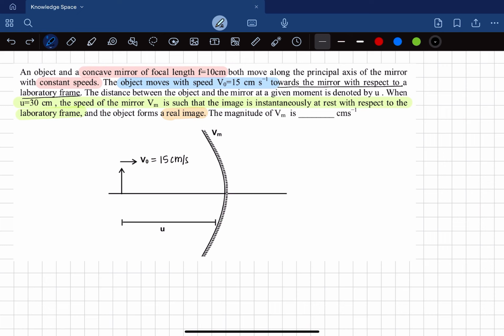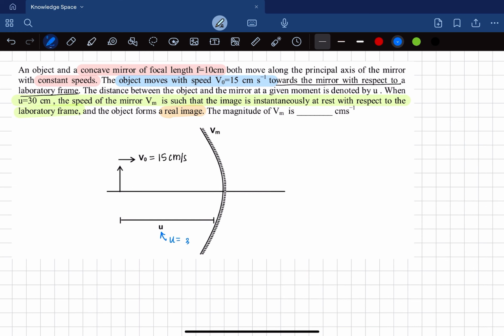Now the distance between the object and the mirror is denoted by u, as they gave here. And this u, at the point of time that we're talking about, is equal to 30 centimeters. That's the instant that we're talking about.